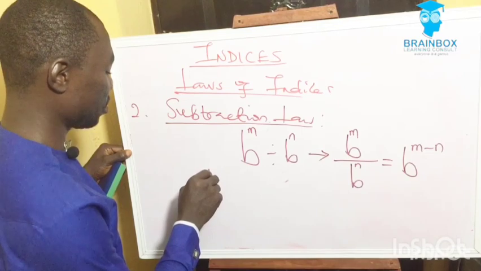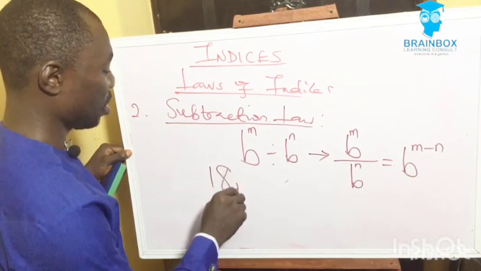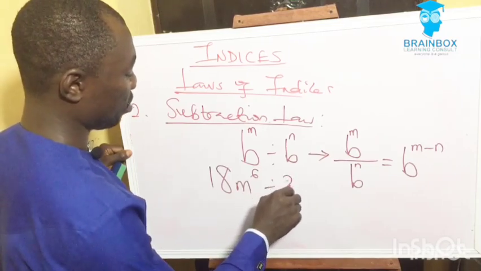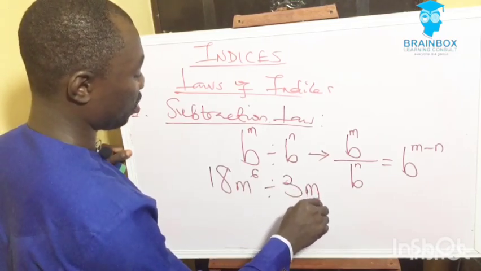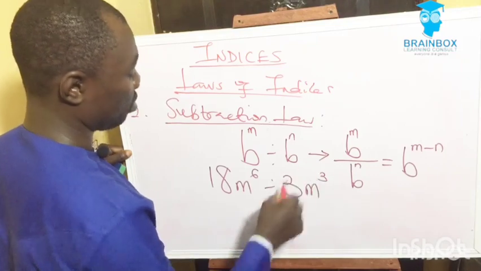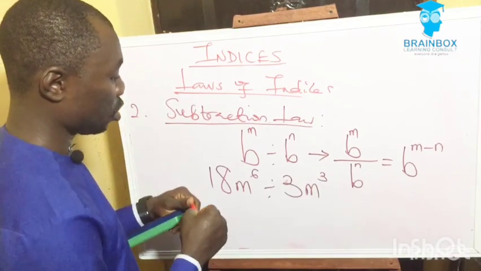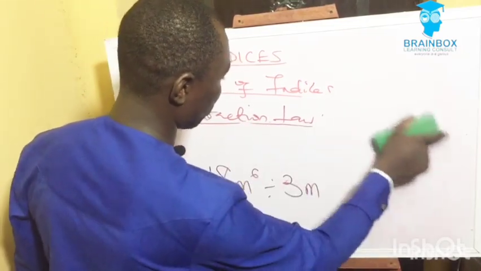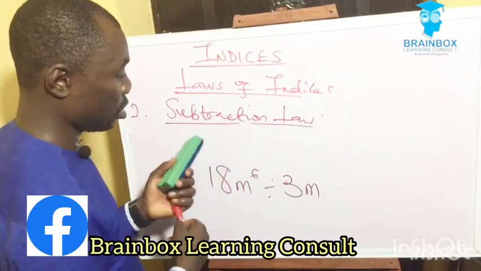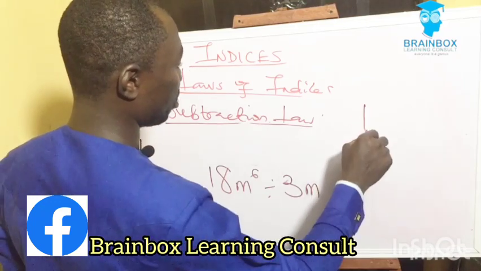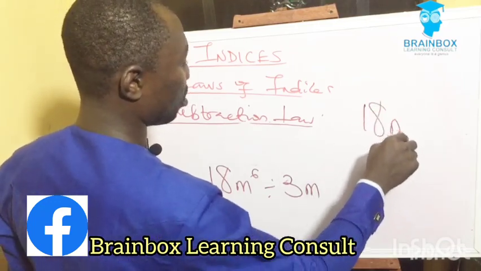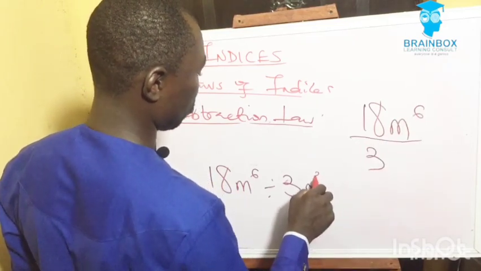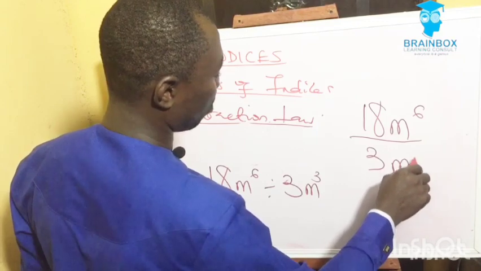Let's picture an example. Let's say 18m raised to the power of 6 divided by 3m raised to the power of 3. From the law I just stated, that can be 18m raised to the power of 6 over 3m raised to the power of 3.